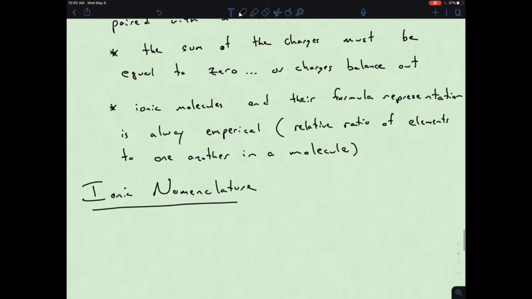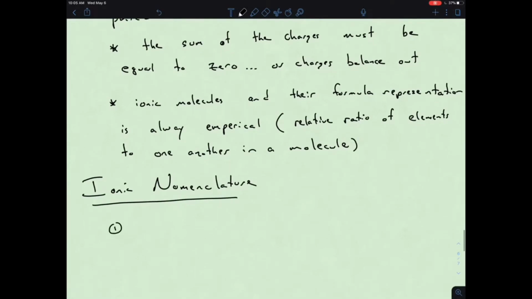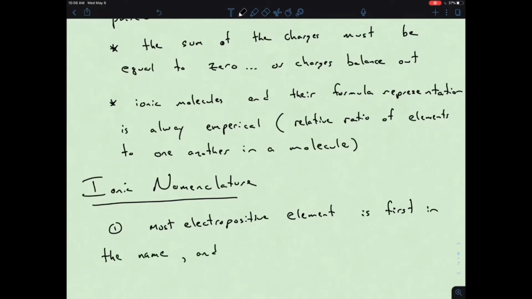So with ionic nomenclature, the first step is, the most electropositive element is first in the name, and basically has the same name as what we would find on the periodic table.